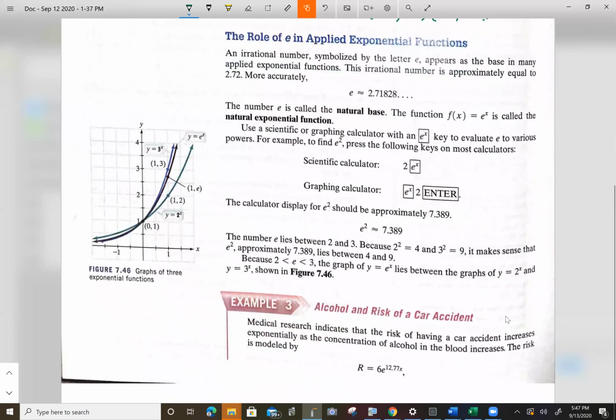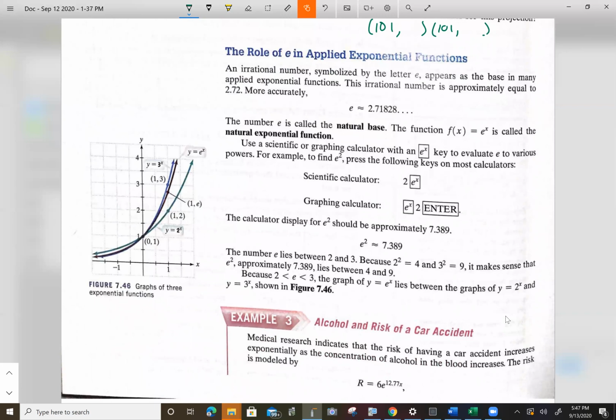Here, what it's talking about is just that a lot of times in the real world, instead of using different numbers as our multipliers, we use the number e, which is irrational, like pi, which means the decimal goes on forever, so you cannot find it exactly on a number line.